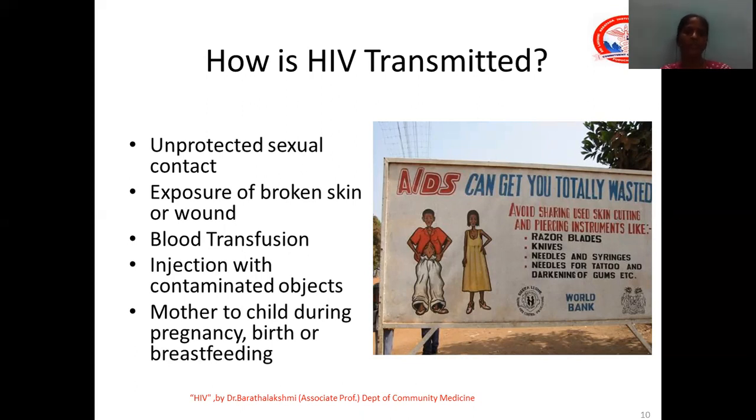And then injection with contaminated objects, the used needles or syringes from an HIV infected person, if shared with another person, can transmit the HIV infection. Mother to child during pregnancy or during birth and breastfeeding can also transfer the infection to the baby.